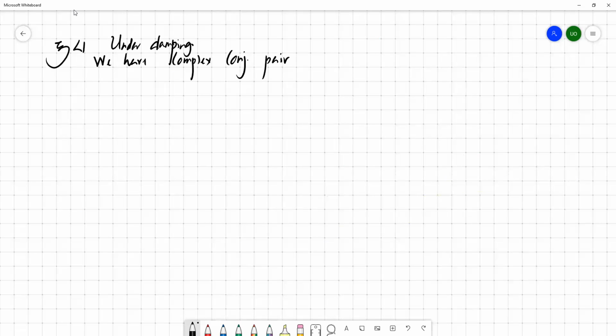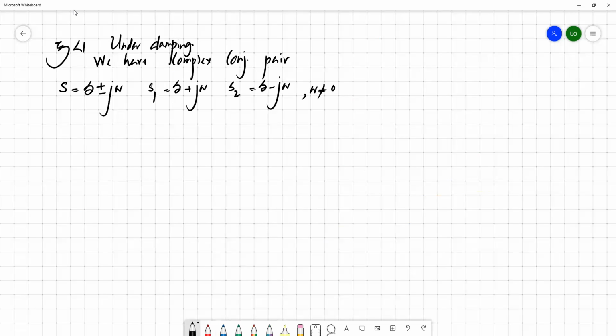So we have complex roots and those are conjugate pairs. So your roots s are sigma plus or minus j omega. S1 is sigma plus j omega and S2 is sigma minus j omega. These are the roots of the characteristic equation. For this particular case, omega is not equal to 0 because these roots are complex.